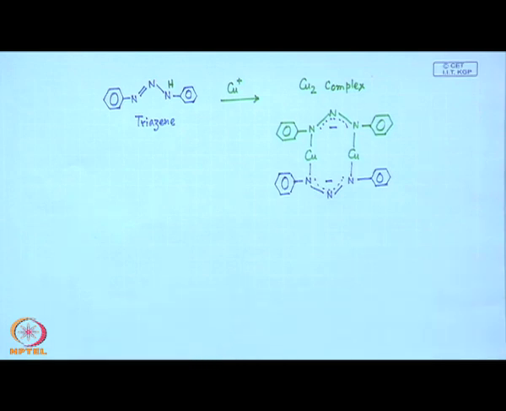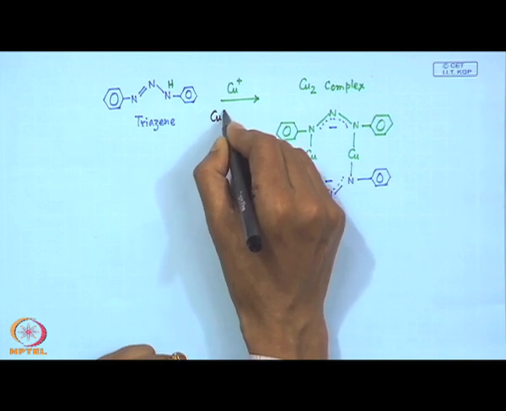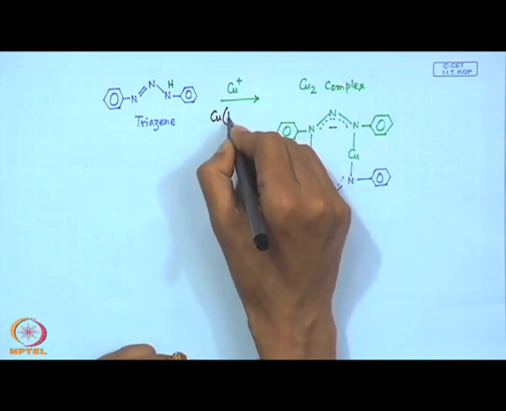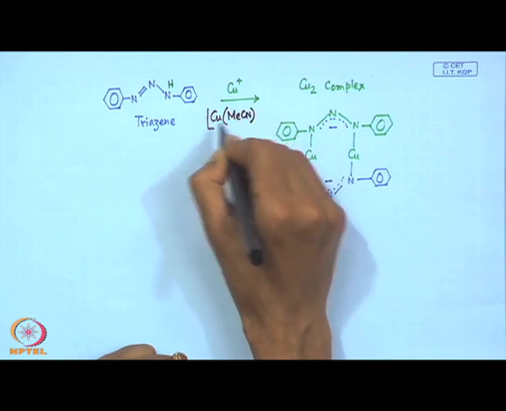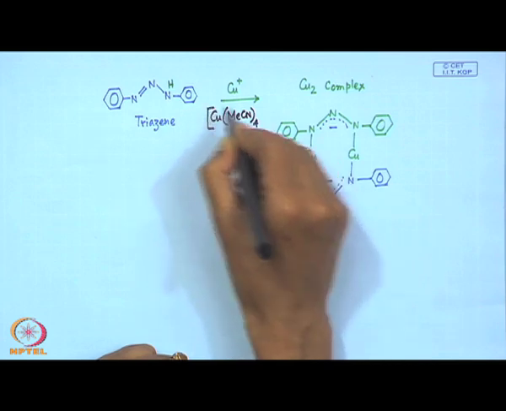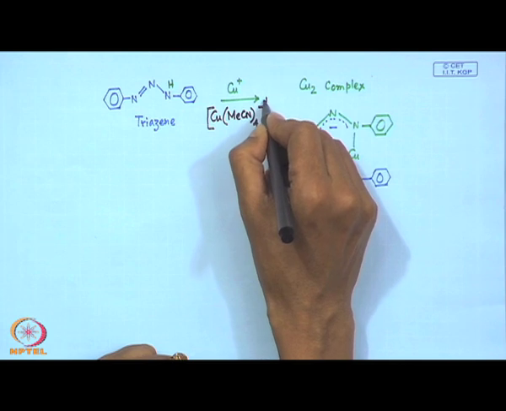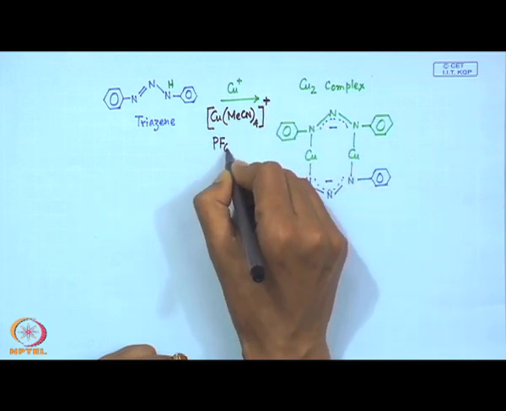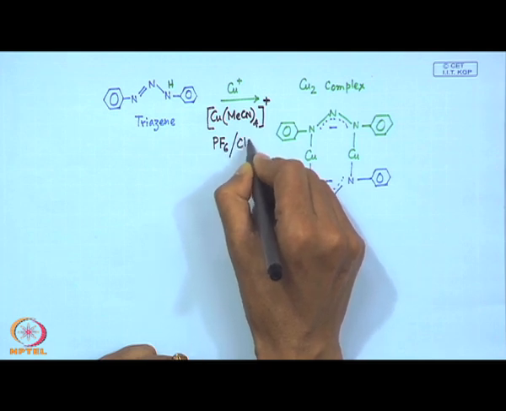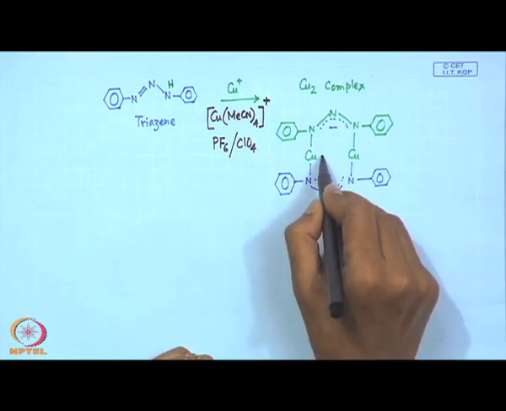Since both the copper centers, we utilize a very well known starting material of copper 1 with coordination of 4 acetonitrile molecules over it, which can be a salt of PF6 or perchlorate.